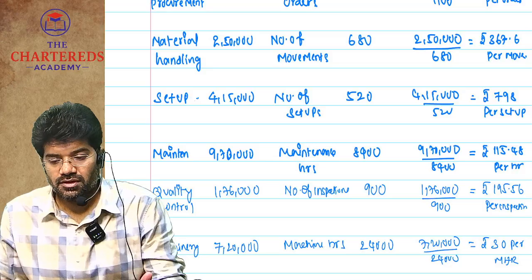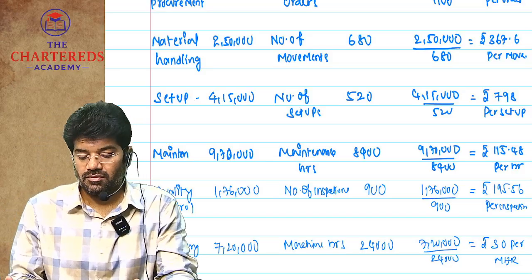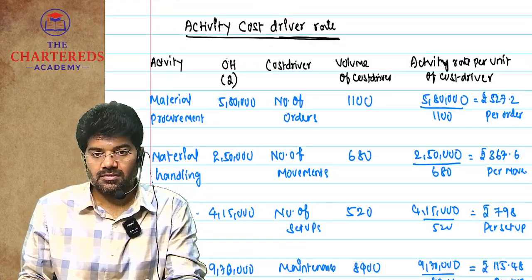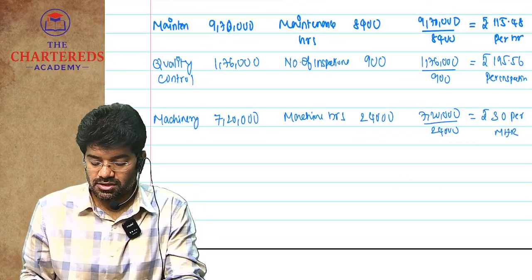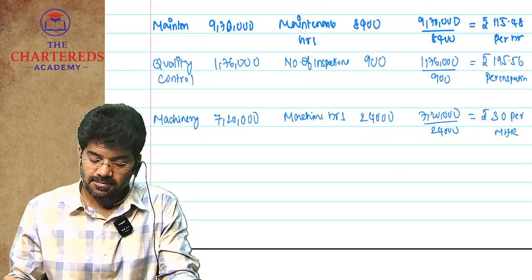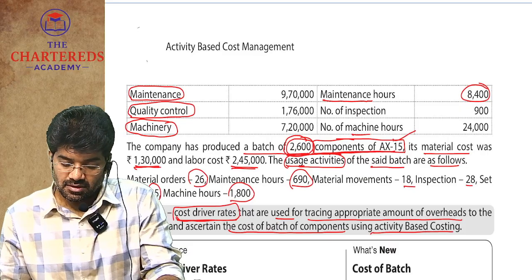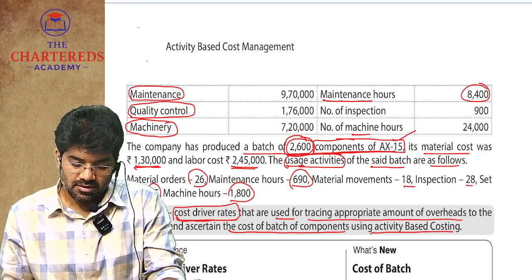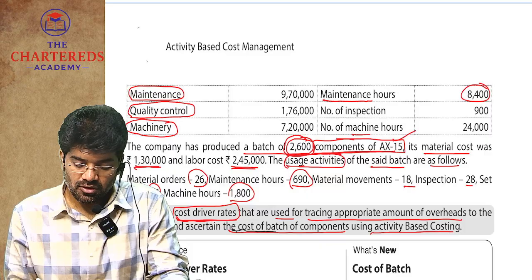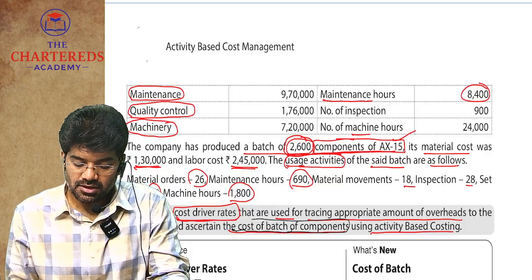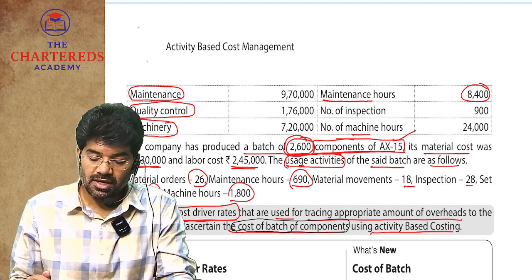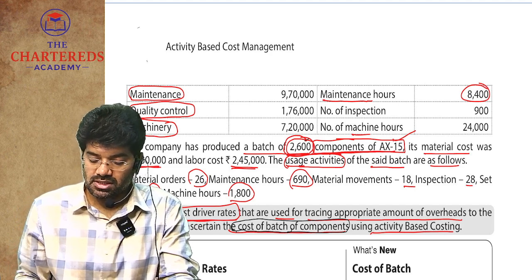Now calculation of the cost of the batch. The next thing they asked is to ascertain the cost of batch of components. Every batch, how many are they making? 2,600.